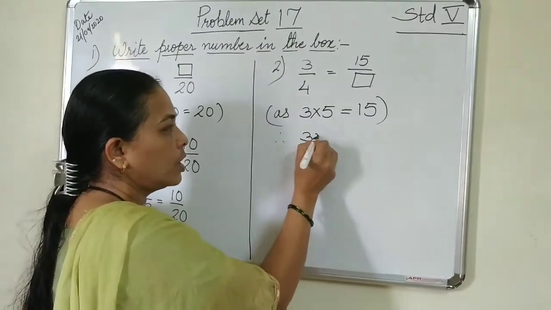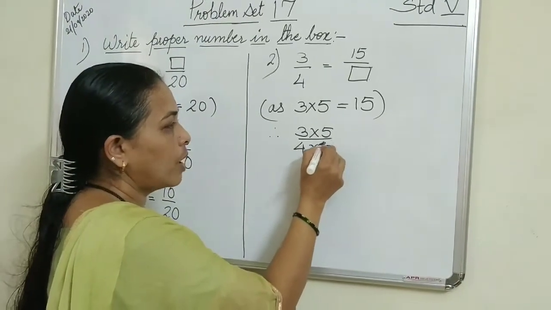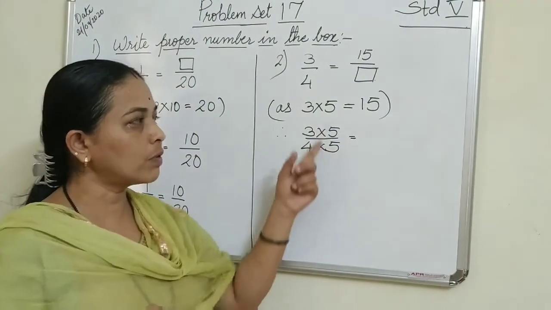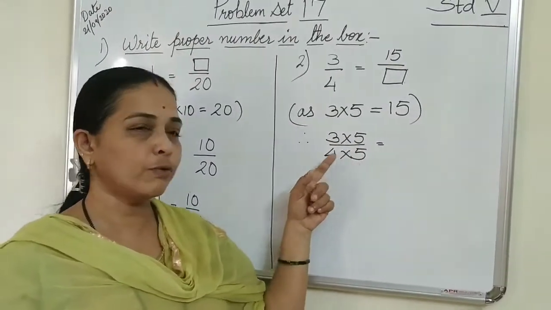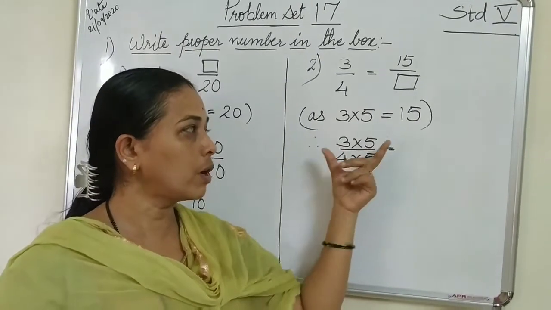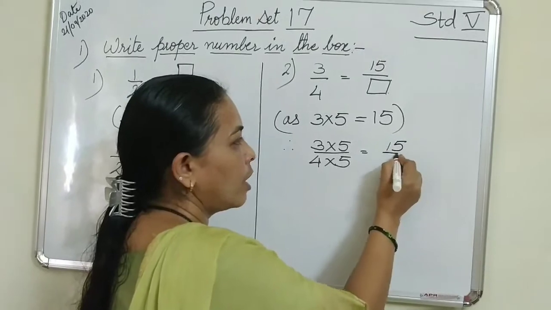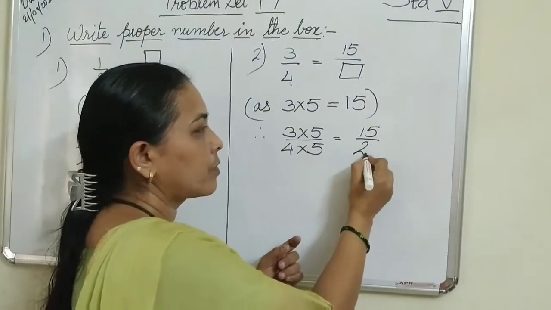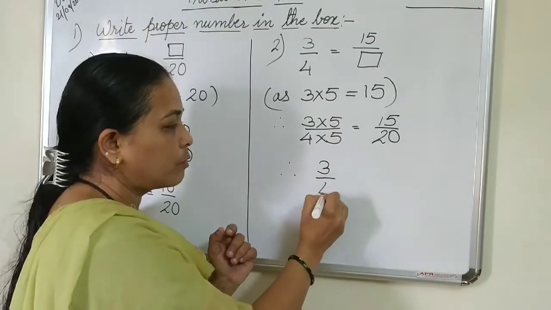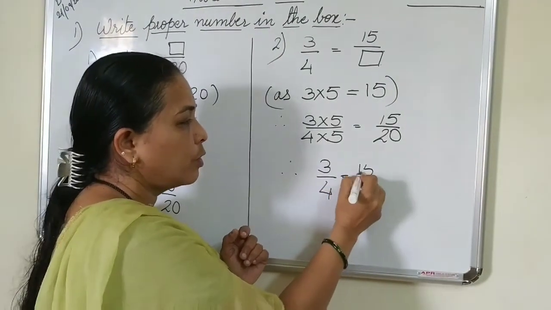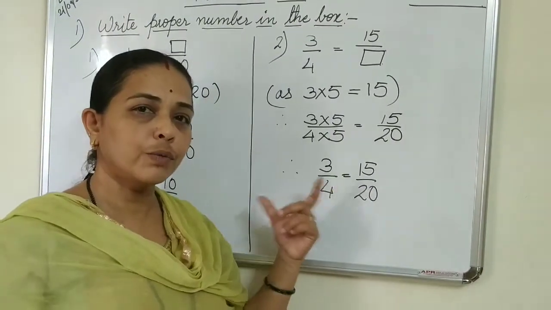Therefore 3 into 5 upon 4 into 5 is equal to, this is one whole sum, don't do it separately. Don't do 3 5s are 15 separately and 4 5s are 20 separately. You have to do it together. So 3 into 5 is 15 and 4 into 5 is 20. Therefore our answer is 3 upon 4 is equal to 15 upon 20. These are equivalent fractions.